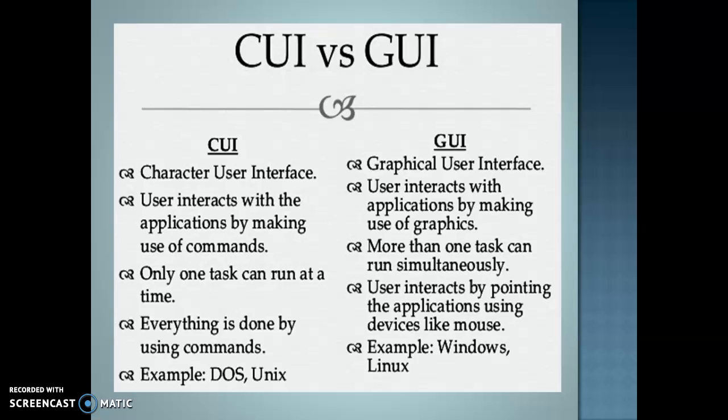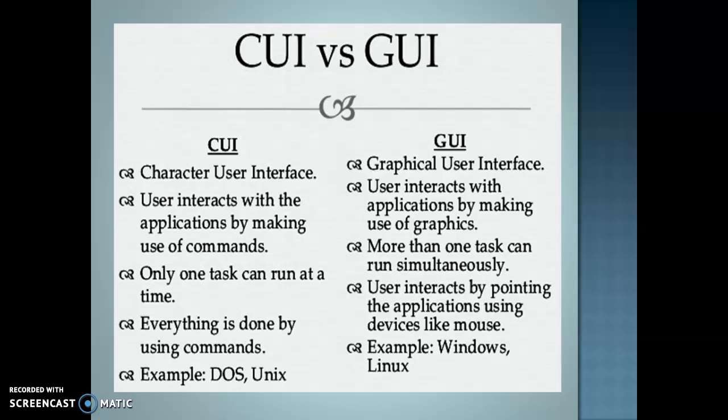Next, in CUI, the user interacts with the applications by making use of commands. In GUI, the user interacts with applications by making use of graphics. In CUI, only one task can run at a time. In GUI, we can run more than one task simultaneously.